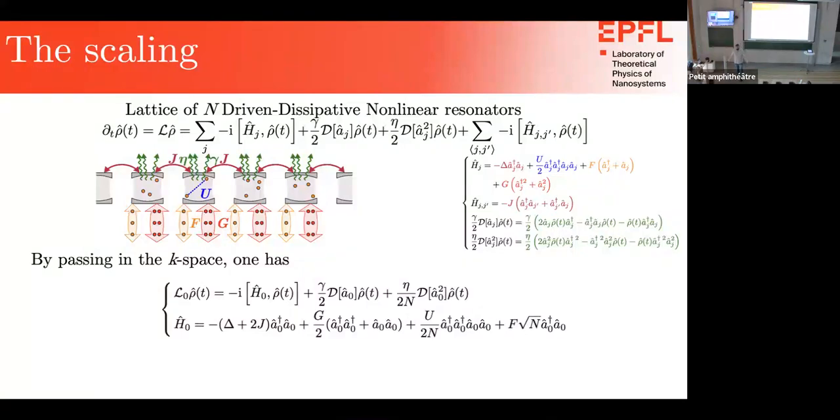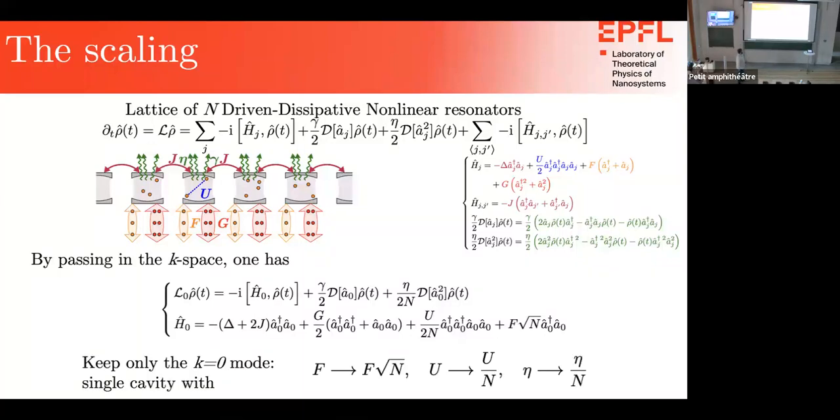If I just consider the K equals 0 mode, what I see is that I get a rescaling of my parameters according to the number of sites I considered initially. That is to say, if I consider just the uniform mode of a lattice of resonators, I can think that a single resonator in which I rescale the parameters captures the same physics. Of course, you cannot capture non-local objects. Of course, you cannot describe fluctuations above the K0 mode, but still it is a guideline to understand why one speaks about finite component transition.